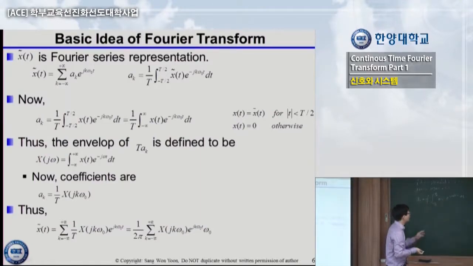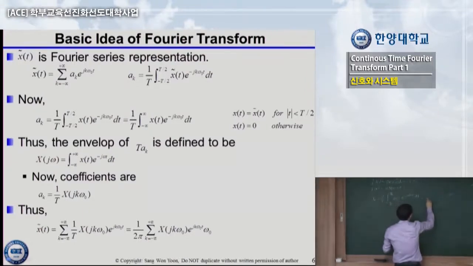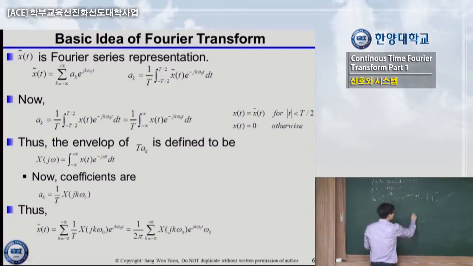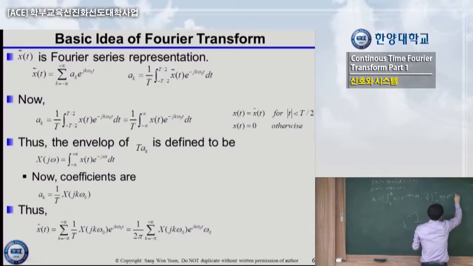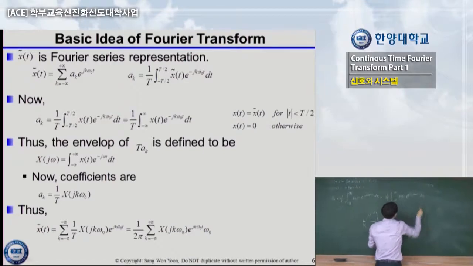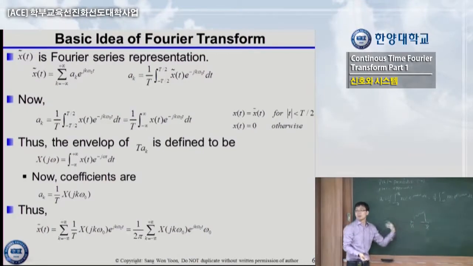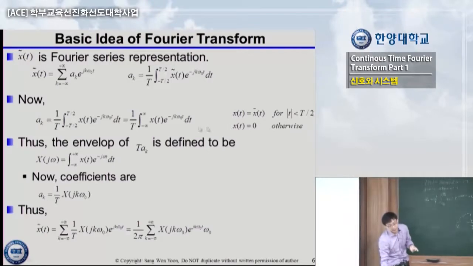However, this x(t) is not a periodic signal. Even though we change the range to minus infinity to infinity, x only exists from minus T/2 to T/2, and outside there's nothing. So increasing the period does not harm our claim because nothing will be added up.